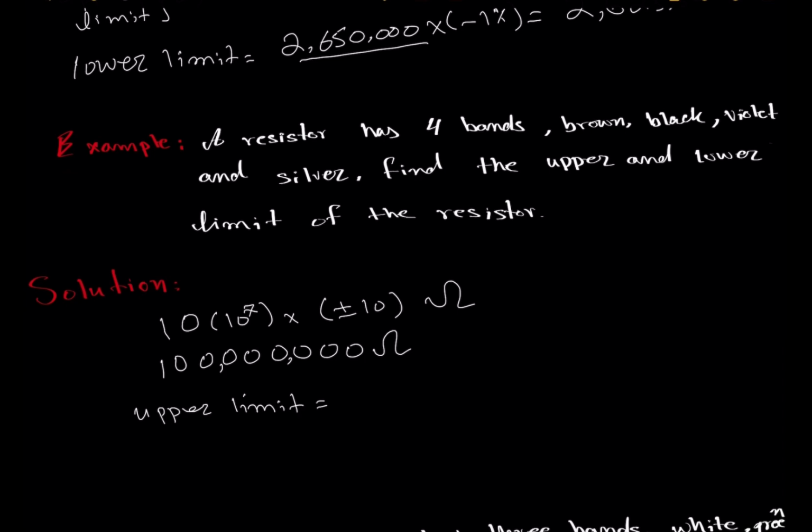of the resistor will be 100 million. If you multiply that 100 million by 10%, it will give us 10 million. 100 million plus 100 million times 0.1, which is 10%, will be 10 million.